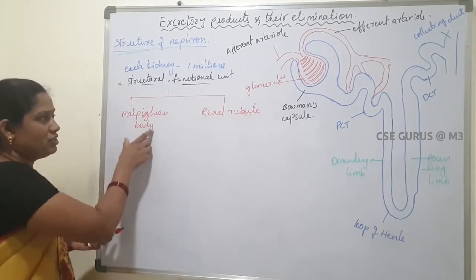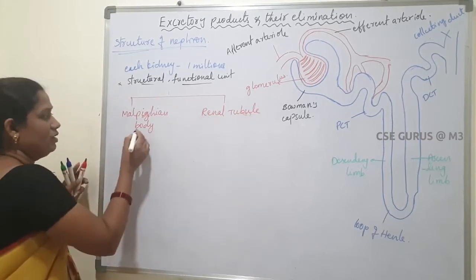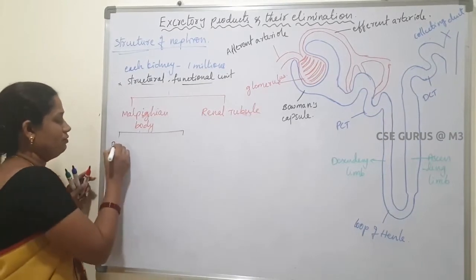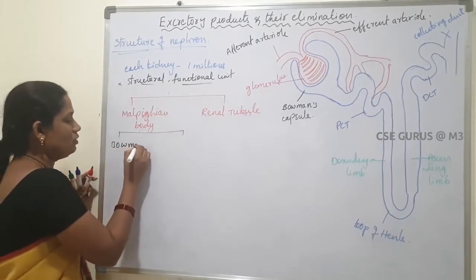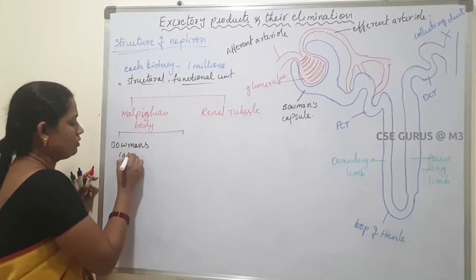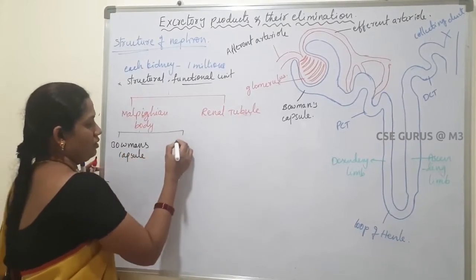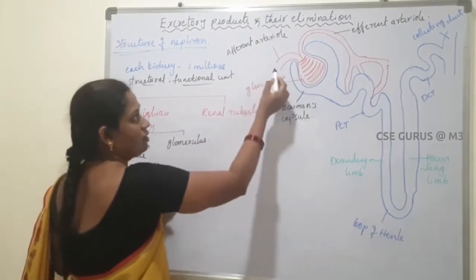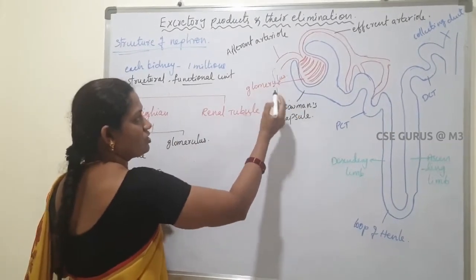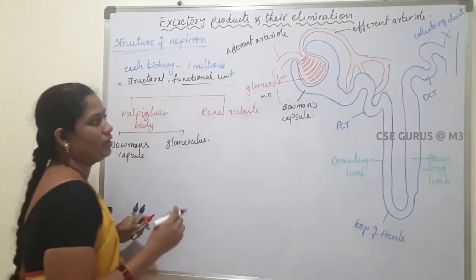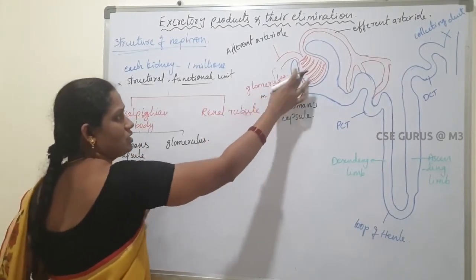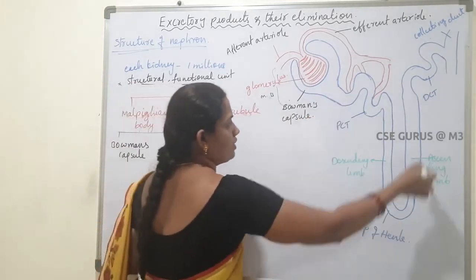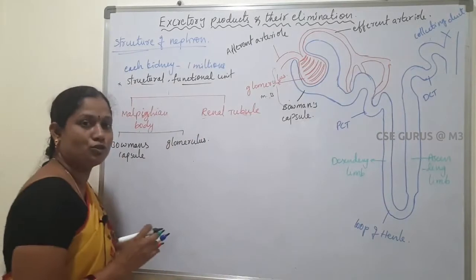The Malpighian body again divides into two parts: Bowman's capsule and glomerulus. This structure is called the Malpighian body. Next, this tube-like structure is called the renal tubule.